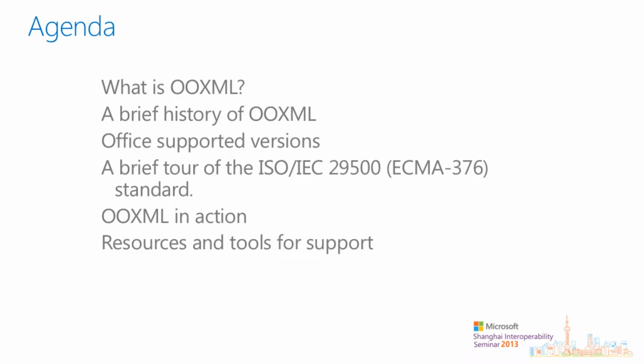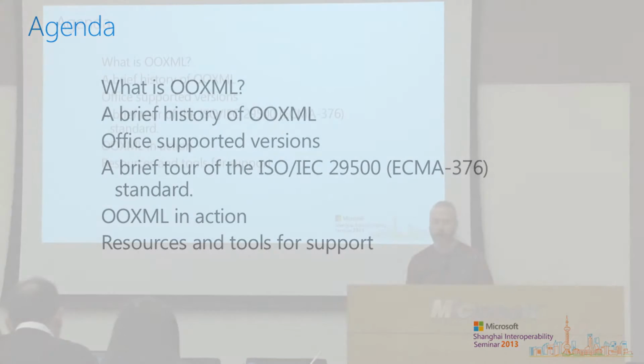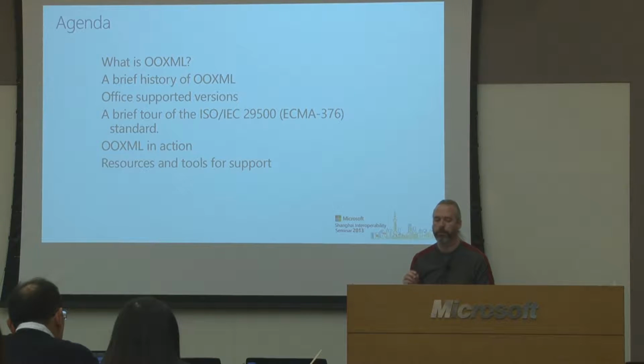So what we're going to talk about today is an overview of the OOXML format. We're going to talk a little about what it is, a little history of how it came to be, how it started, and the standardization of it. In talking about that, we will talk about the Office versions that support it. And then we'll do a brief tour of the actual standard.